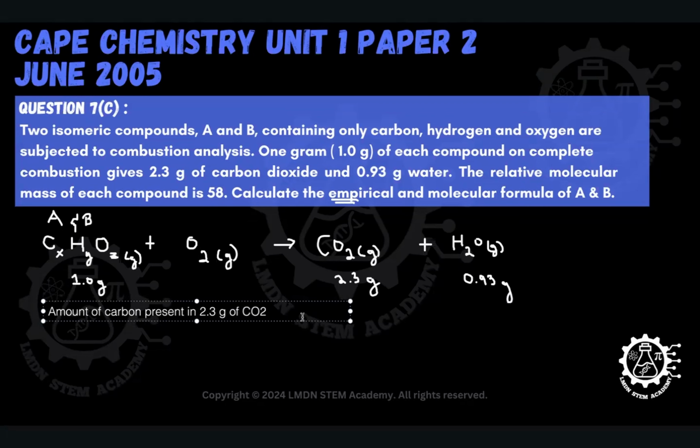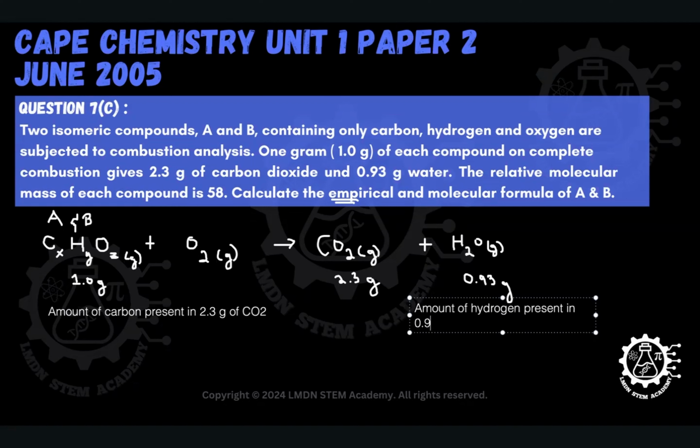And similarly, because it's an empirical formula, we are also trying to find the amount of hydrogen present in the 0.93 grams of water. Okay, so that's what we're seeking from an empirical formula standpoint.